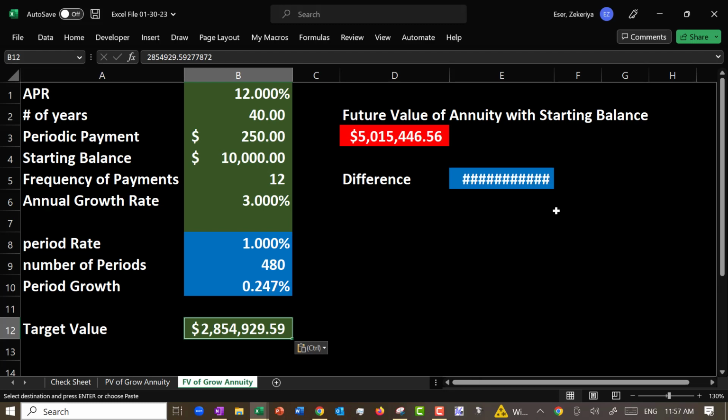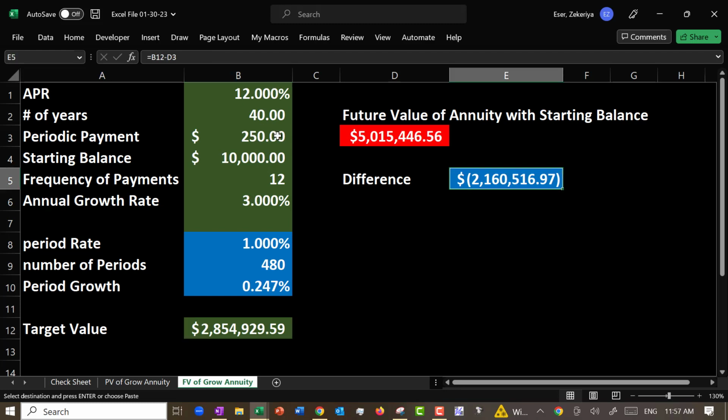Now I'm going to ask myself the question, this is just too big. I'm saving too much if I can earn 12%. So I'm leaving the rest of the parameters exactly the same. And I'm going to ask, at what APR I can achieve my goals?